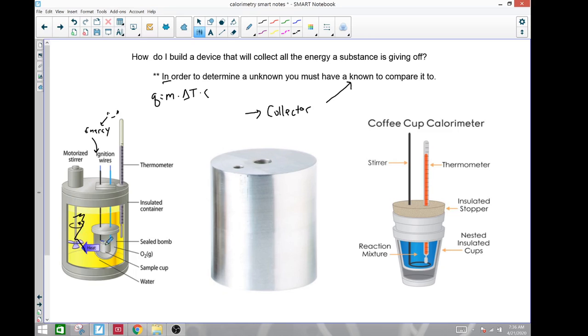Either way, this is a kind of complicated example, but notice we're all around the outside of it, and the water that's in here would have a known specific heat, and that is 4.18. Now, when I'm talking about a known collector, that's really what I'm referring to. What's known about it is the specific heat.